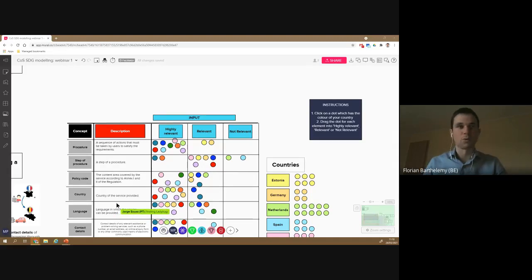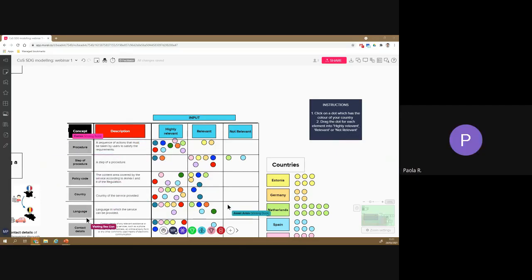So we'll come to that, but does anyone want to react on the fact that, as part of this exercise, we use procedure as really the procedural steps or actions for getting something done, like for receiving advice, for registering, for getting a certificate? Do we all agree on this? It's Paola. Yeah.